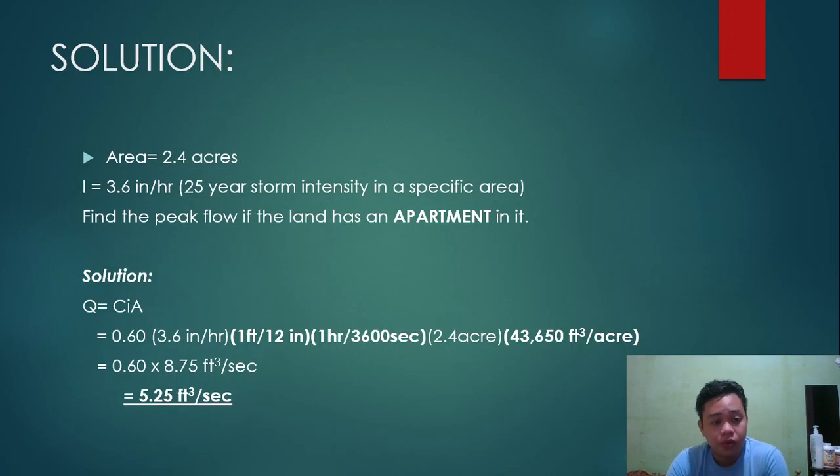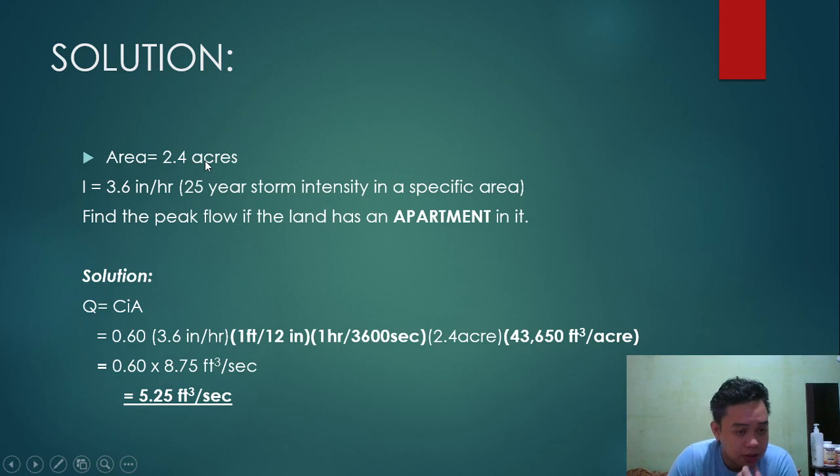So using an area of 2.4 acres, and the rainfall intensity is 3.6 inches per hour for a 25-year storm intensity in a specific area, find the peak flow if the land has an apartment in it.